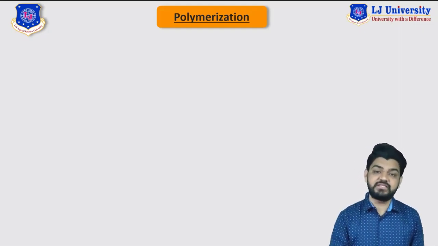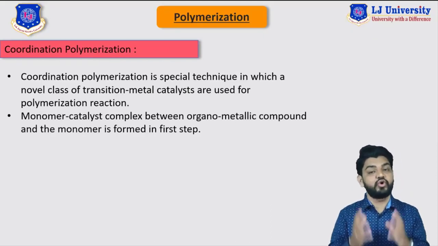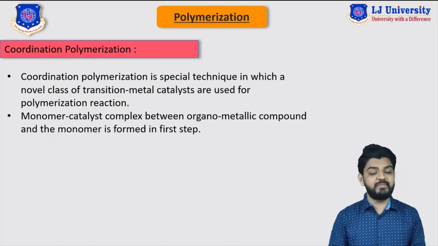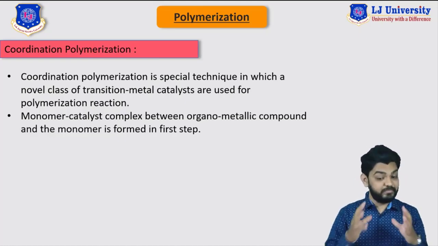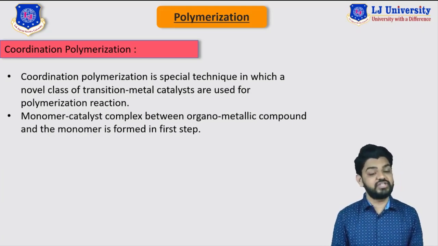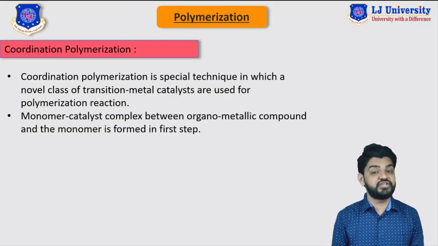But now we are going to discuss the third category, and that is coordination polymerization. This is a special technique in which we use a novel class of transition metal catalysts for the polymerization process.